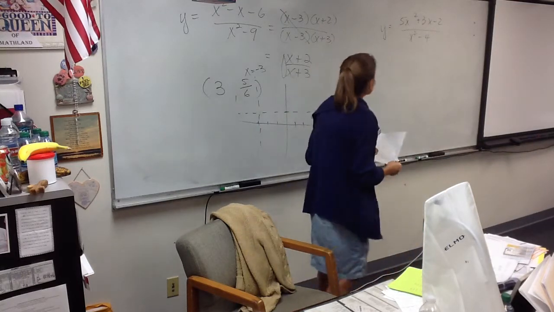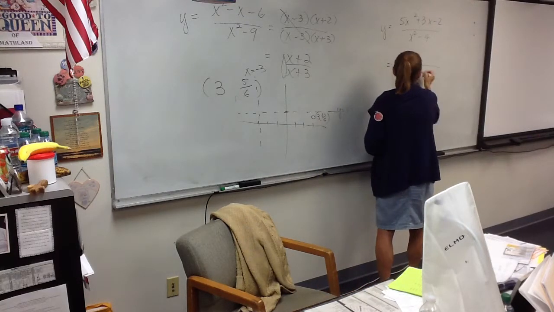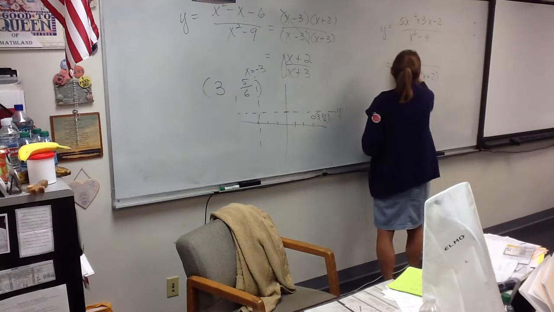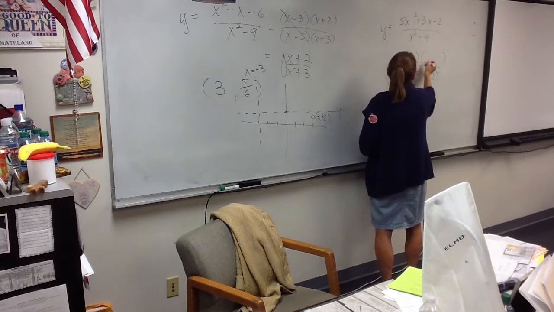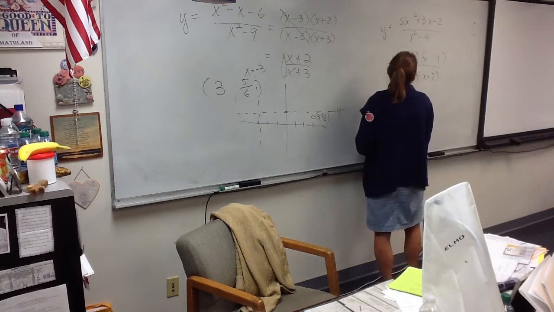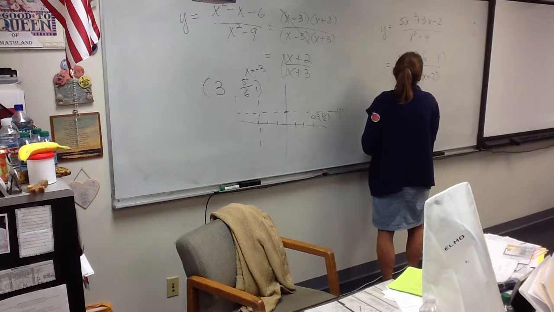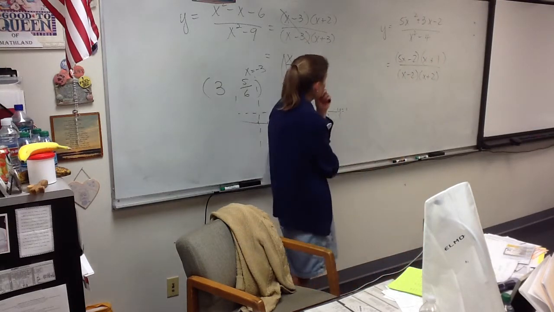Yeah, let's factor and see what happens. See, denominator is easy. Numerator, if it factors, has to be 5x and x, and 2 and 1, and plus and minus. Does that work out okay?